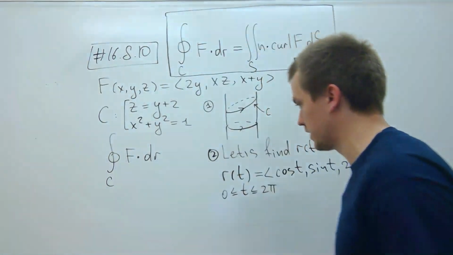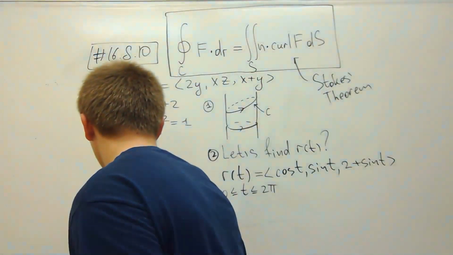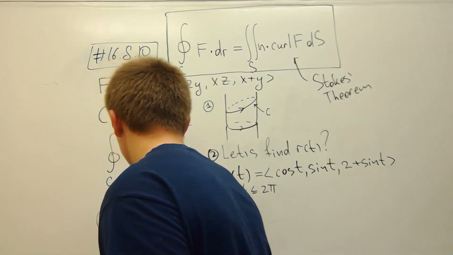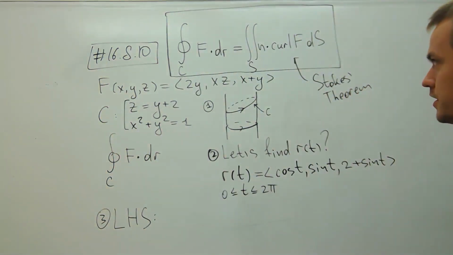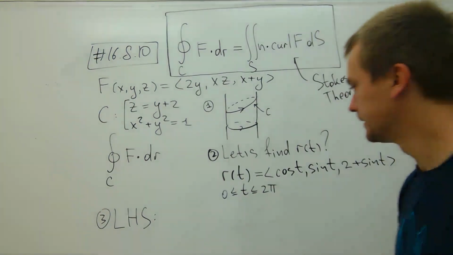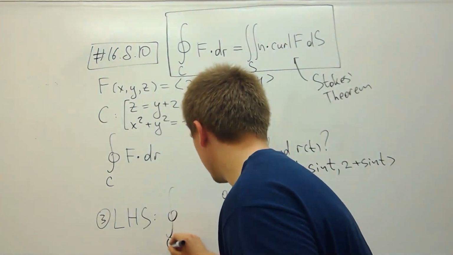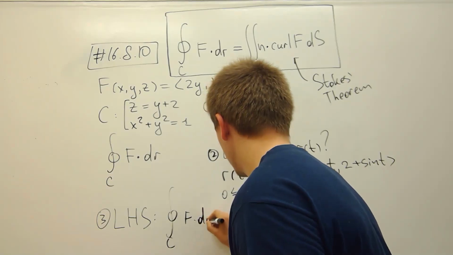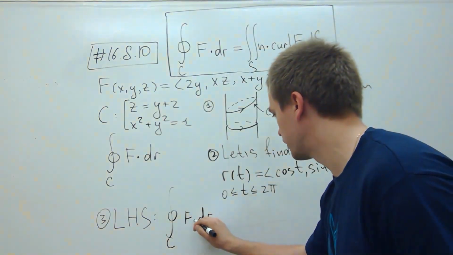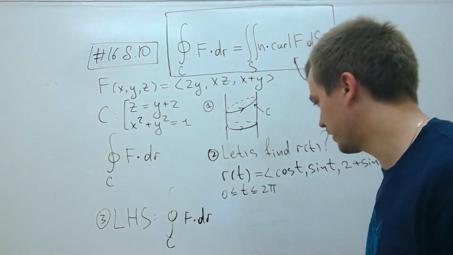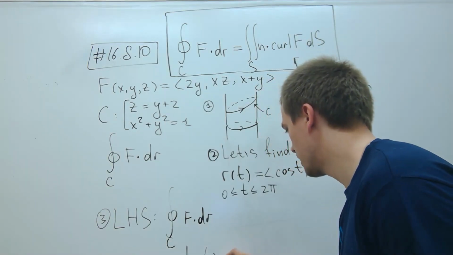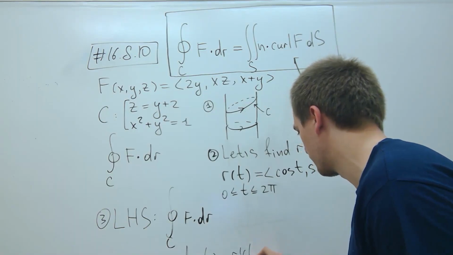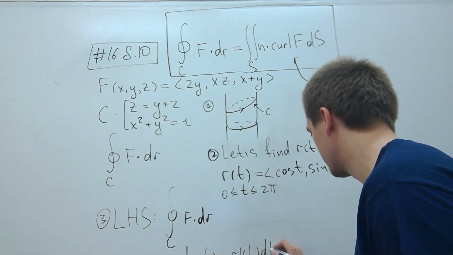Okay, good. Let's find the integral on the left-hand side. So step 3, let's evaluate the left-hand side. For the left-hand side, we have the line integral over C of F dot dr. Here I'm going to expand my dr. We know that dr of t is r prime of t dt.